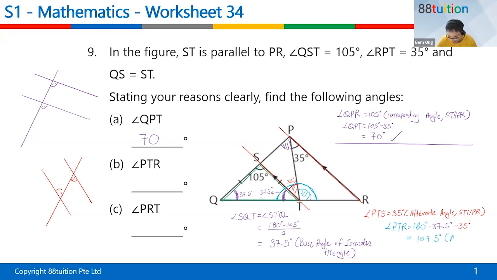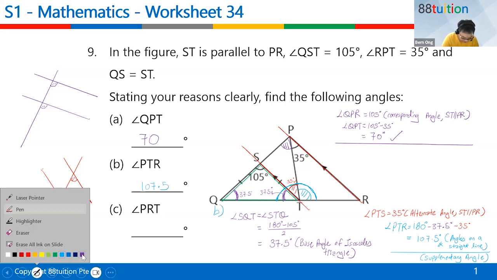This is called angles on a straight line. Or some of you want to use supplementary angle, also can. So down here is 107.5. So this is for part B.